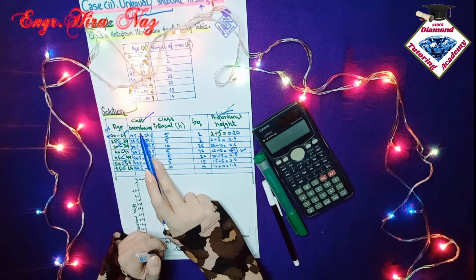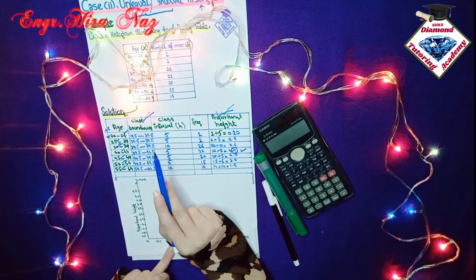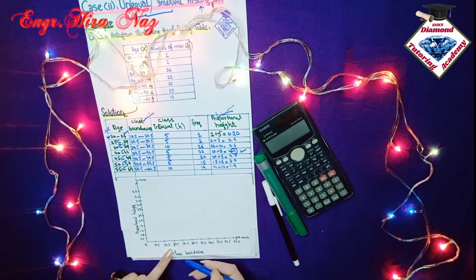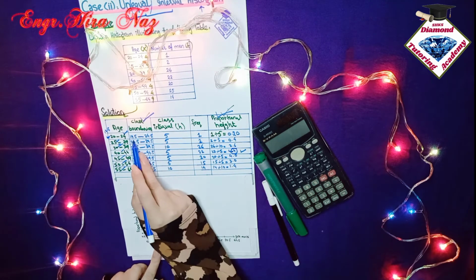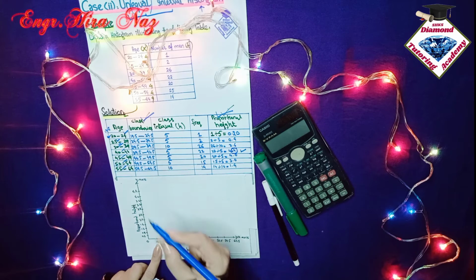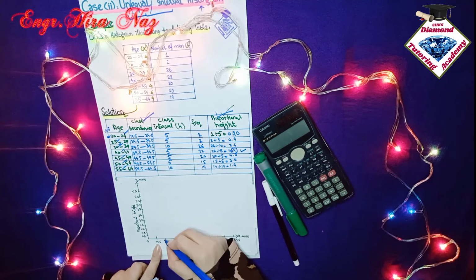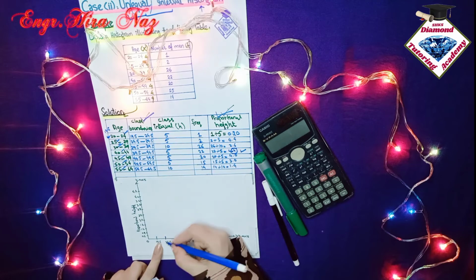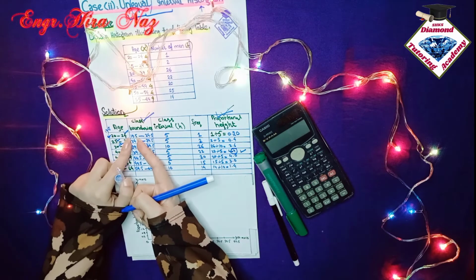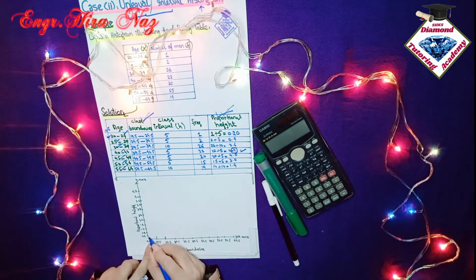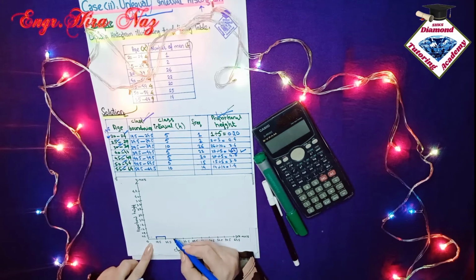Now look at the table. First mark class boundaries along the x-axis and then make a rectangle of proportional height. Let's see how to do that. First is 19.5, our lower limit, and the upper limit is 24.5, and the height for this interval is 0.2, somewhere here. So we have to make a rectangle of this height.